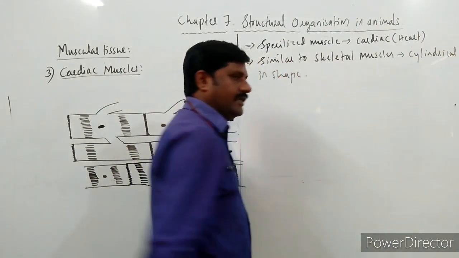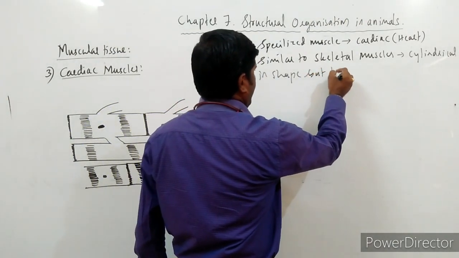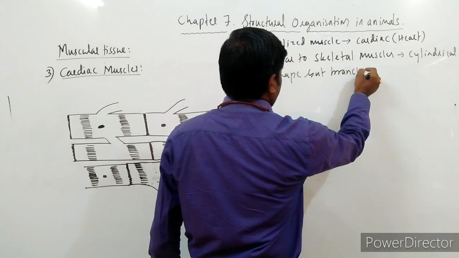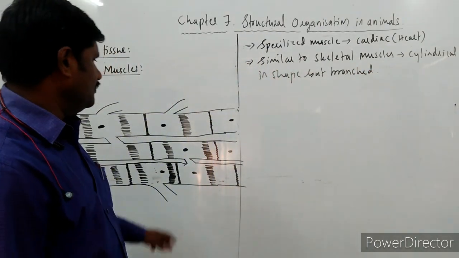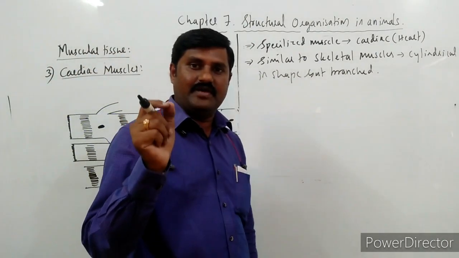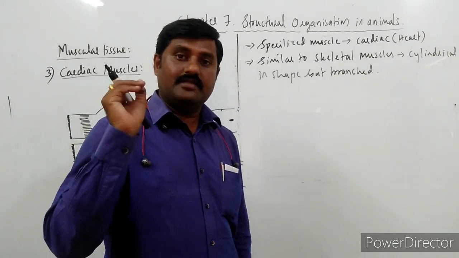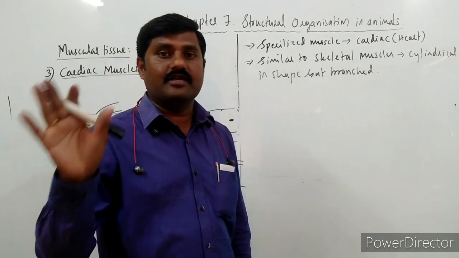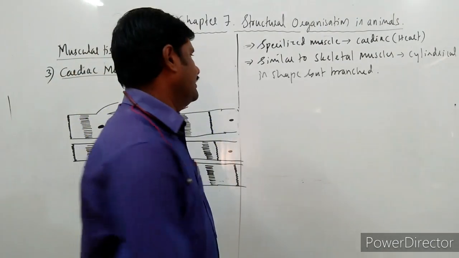They are cylindrical in shape, but branched, right? They make branches so as to join with the neighboring muscle fibers. This is a very important, unique point to be noted. But the skeletal muscles are not at all branched, right? They will be single, right?